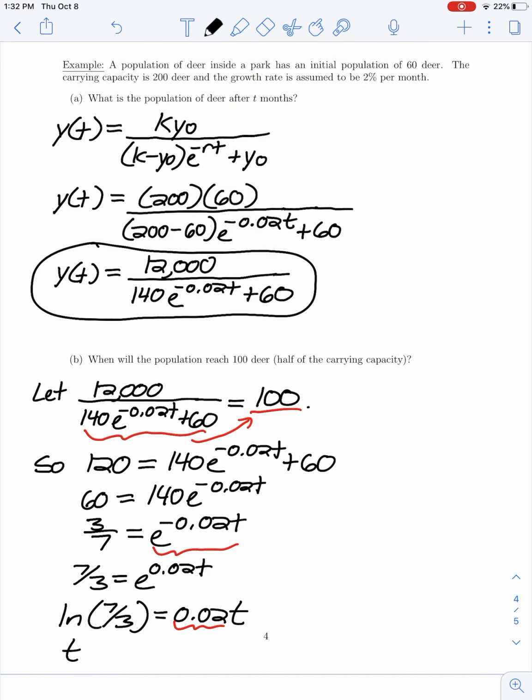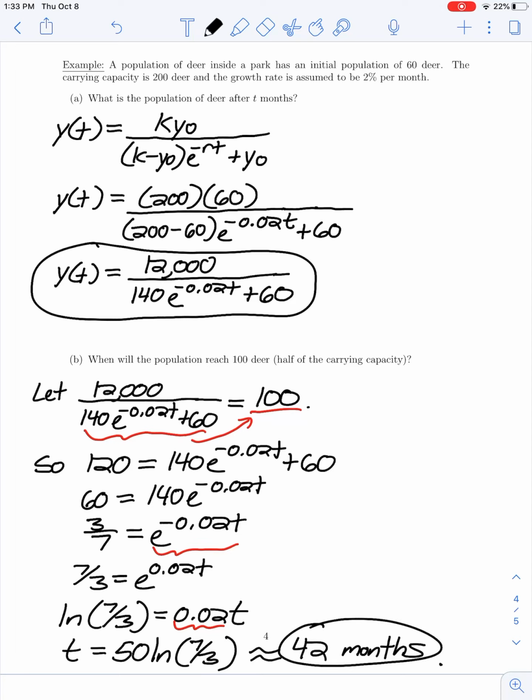So to solve for t, I would multiply both sides of the equation by 50. That is equivalent to dividing by 0.02. So t would be given by 50 times the natural log of 7/3, or if we want to approximate this to the nearest month, this would be approximately 42 months for our population to reach half of its carrying capacity.